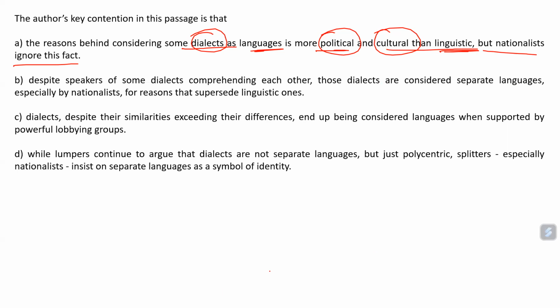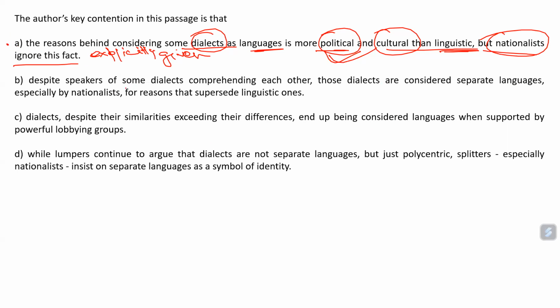Because the facts the author says, like the nationalists ignore, right? He says it in a different connotation, right? That it has nothing to do with linguistic problems, right? And that idea in itself is an explicit one that is not dependent on anything else, whereas it is trying to create a dependent idea, right? But nationalists ignore this fact, right? So that means it's not explicitly given. Hence, we will keep this as an option, but somewhere we know that this might not be my answer.